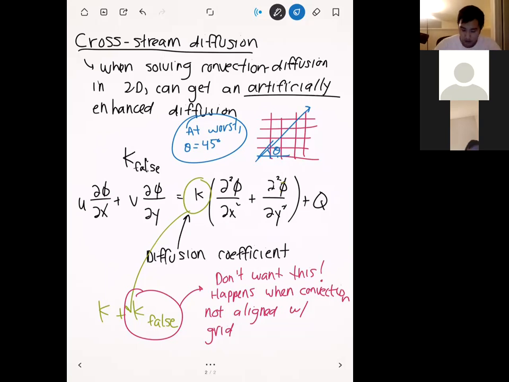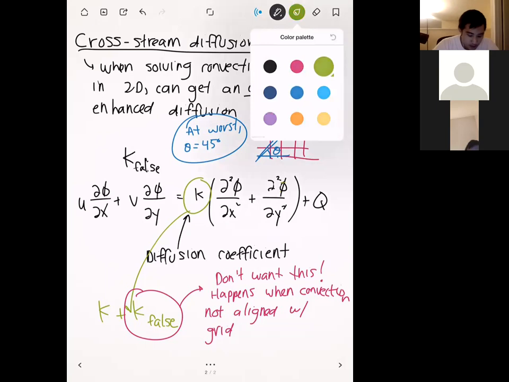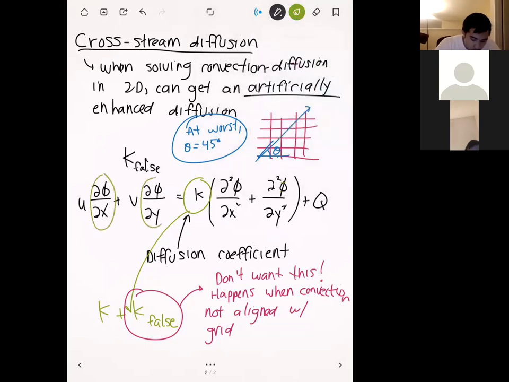There are a number of ways that we can fix this, and I'll save that for much later in the class, because it's a bit of an advanced topic. But in a nutshell, the way that we fix this cross stream diffusion is that we change the way that we discretize these convection terms.